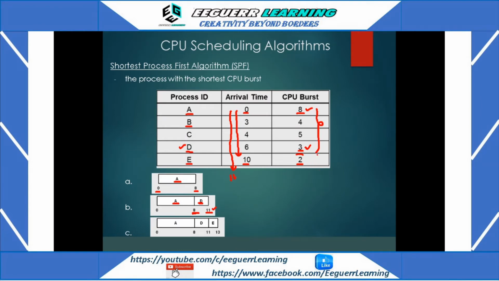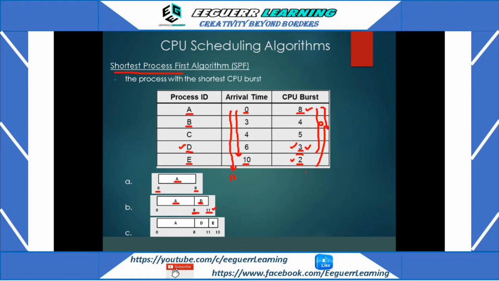Now, this will be the new scheduling for the CPU, looking for the shortest process first. So after 3 here, the shortest process comparing all the CPU bursts is 2, as compared to 5 and 4.